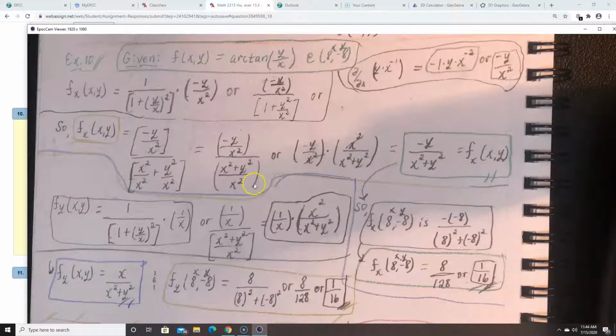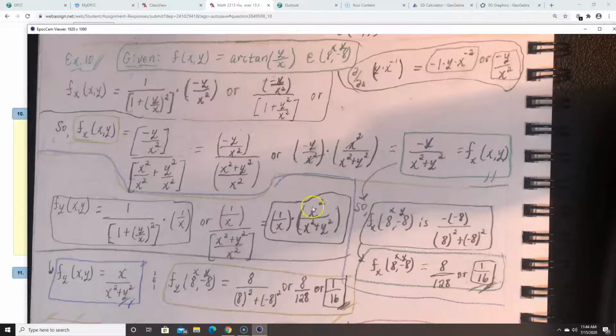Got the common denominator and we wrote it like this. So I did that right here, just didn't write all those steps down because it's the same thing. And so now we have 1 over x times x squared plus y squared over x squared. Bring this up and change it from division to multiplication, and we get the 1 over x still times, reciprocate this, you get x squared over the quantity x squared plus y squared.